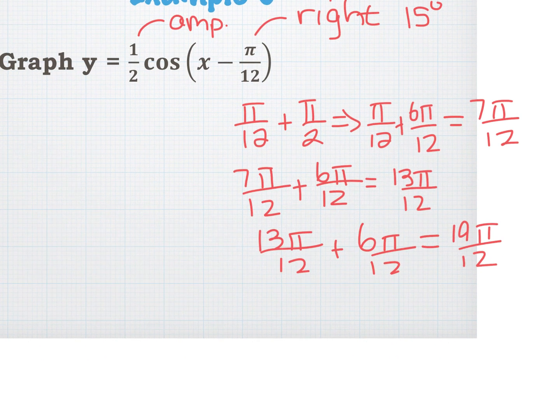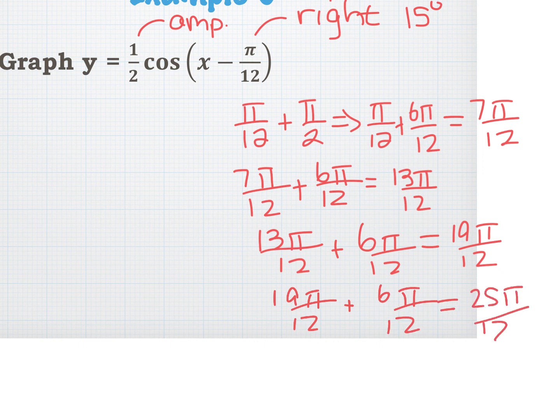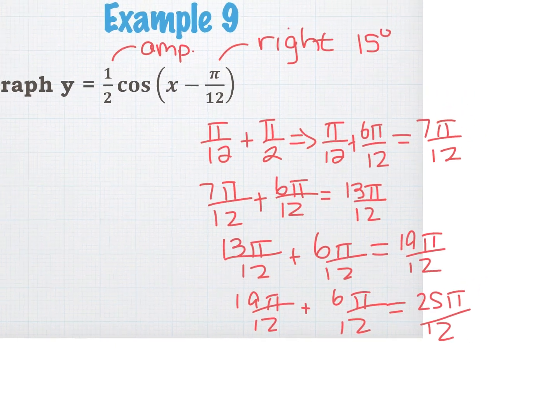One more time, because again, remember you need 4 points to the left and to the right. So 19 pi over 12 plus 6 pi over 12 gives me 25 pi over 12. These are the 4 points that are going to be to the right of my starting point, which is pi over 12. Now I need to do the left side.